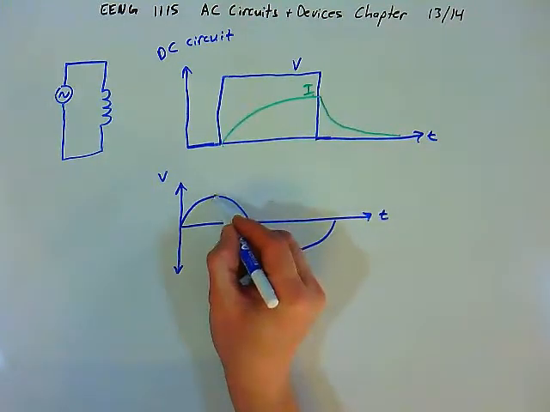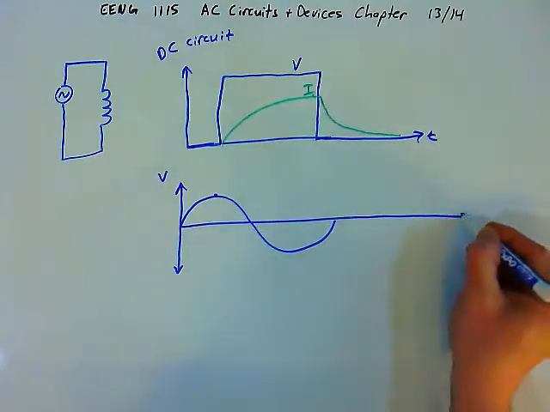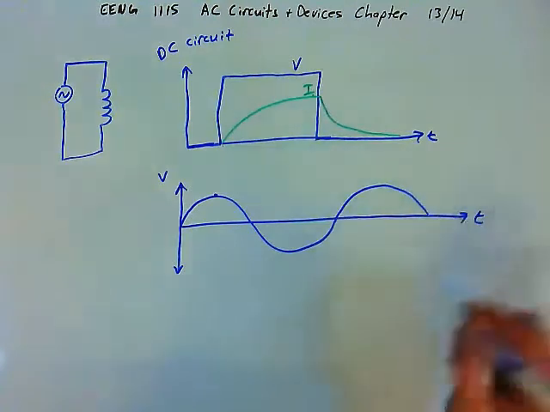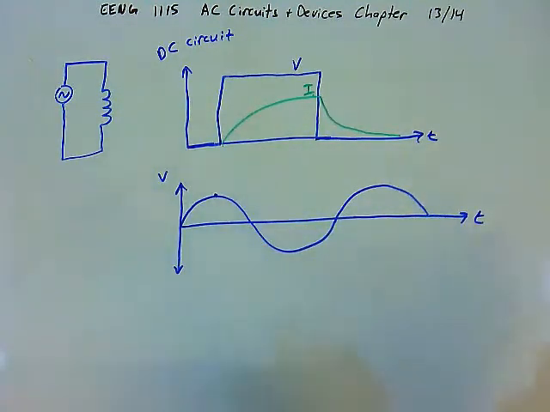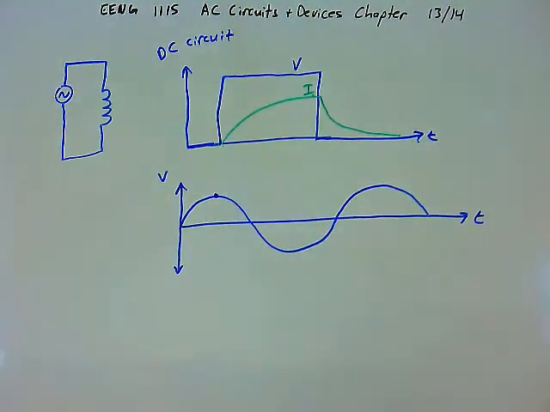Now let's start by looking at the point in time when the voltage is at a maximum. The sine wave, of course, continues on, right? It will repeat itself forever, as long as we continue to rotate the coil in the magnetic field. Let's start by looking at what happens when the voltage is at a maximum.